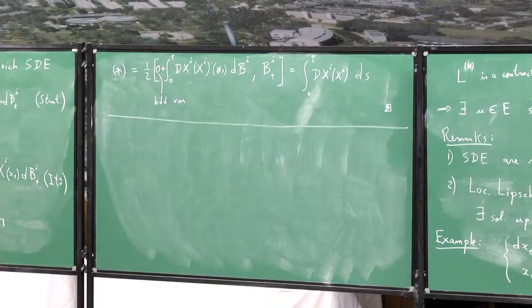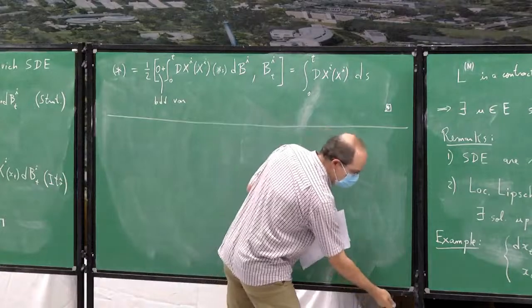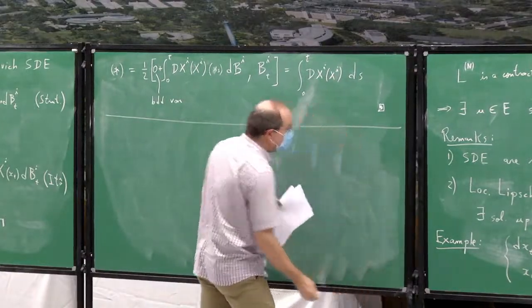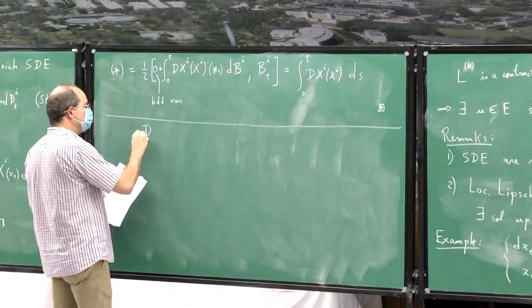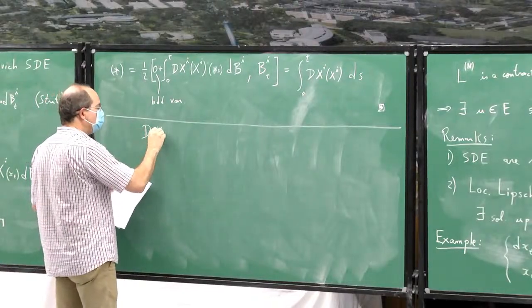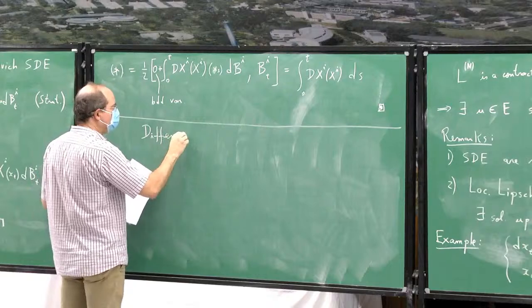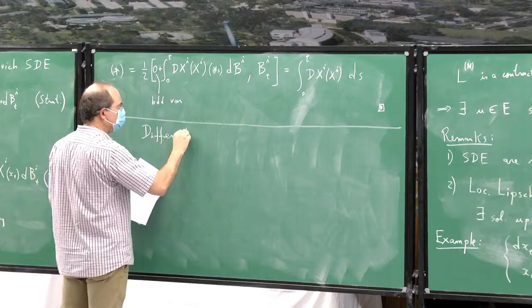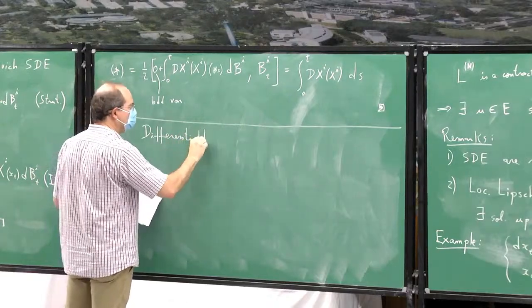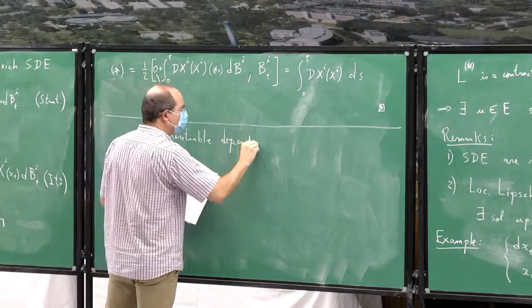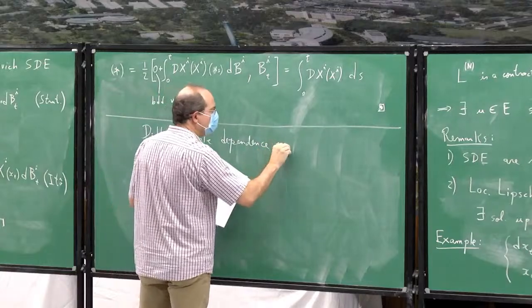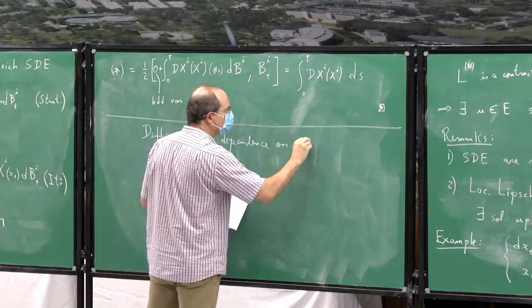I will emphasize the cocycle property, which is another name for this: differentiable dependence on initial condition x naught.